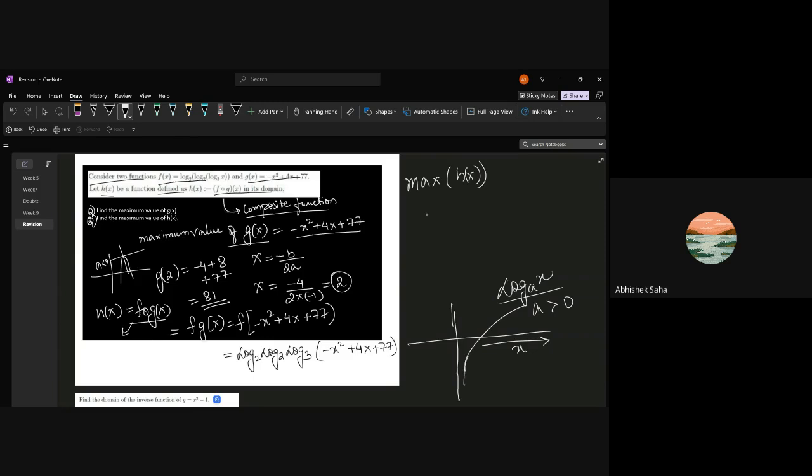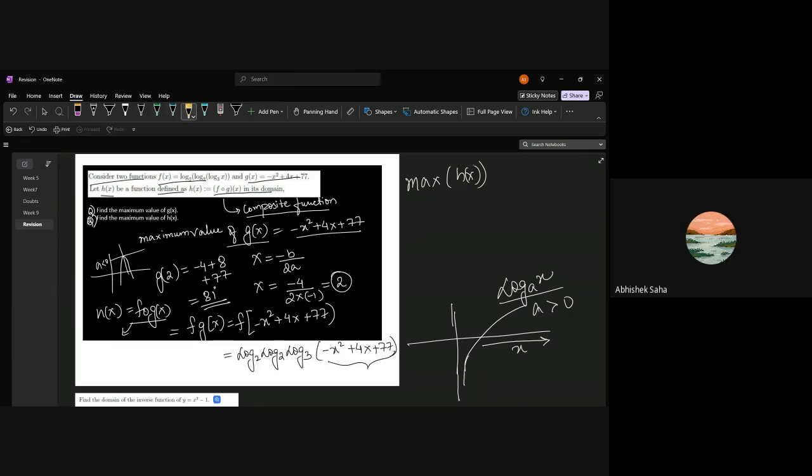So for that we want to find the maximum value of this function.